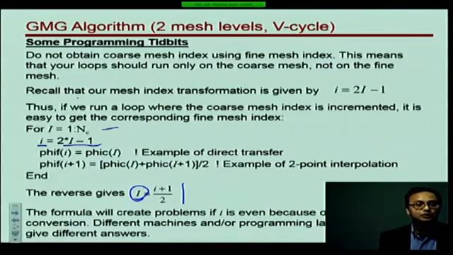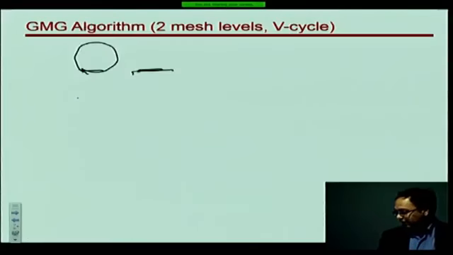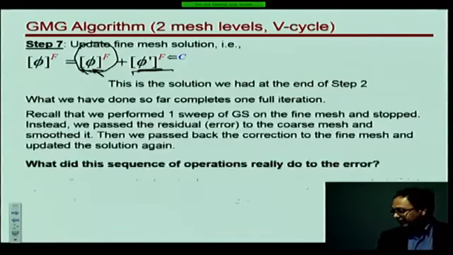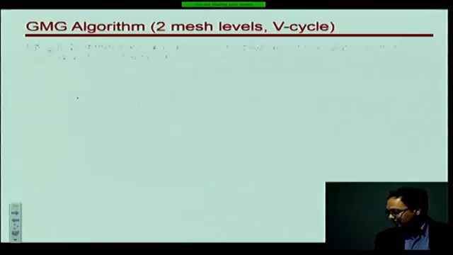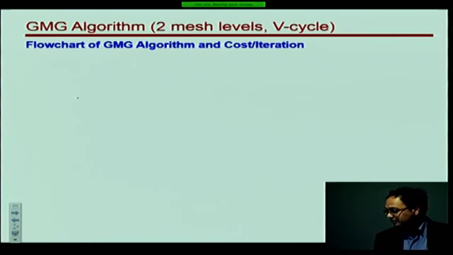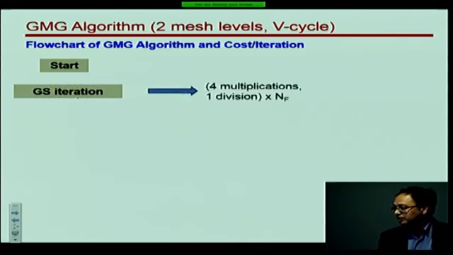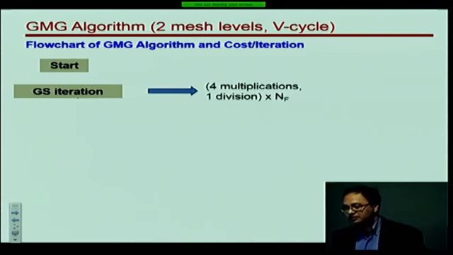That completes our discussion of the two-grid V-cycle algorithm. Here is a summary of what happens, the flow chart. You start, by which I mean you guess your phi.